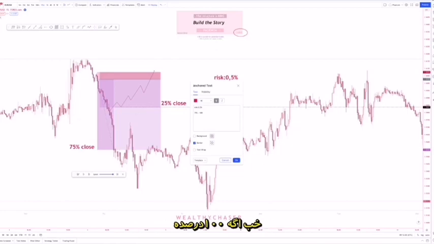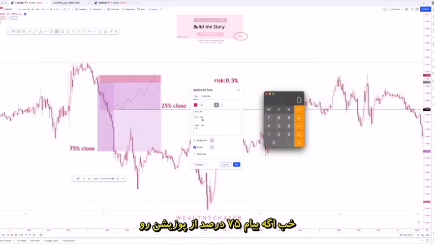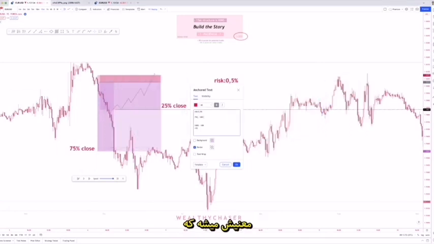So if 100% of my position closed at 10R, we would have 10 times my risk, right? Which would be 5%. So if full volume was closed at 10R, this would equals 5%, right? So once I'm only doing 75% of 10R, this will mean that the full result will be 7.5R.